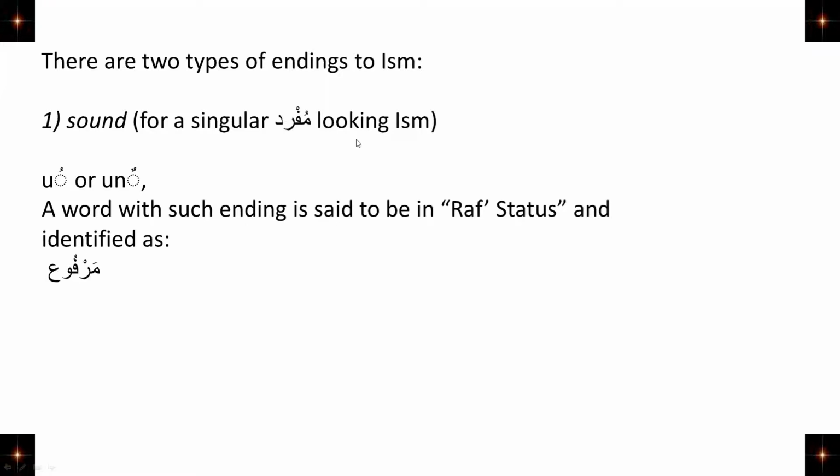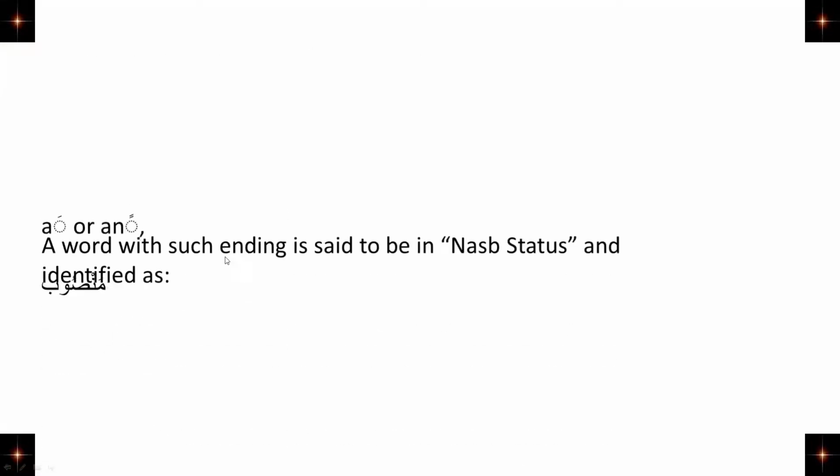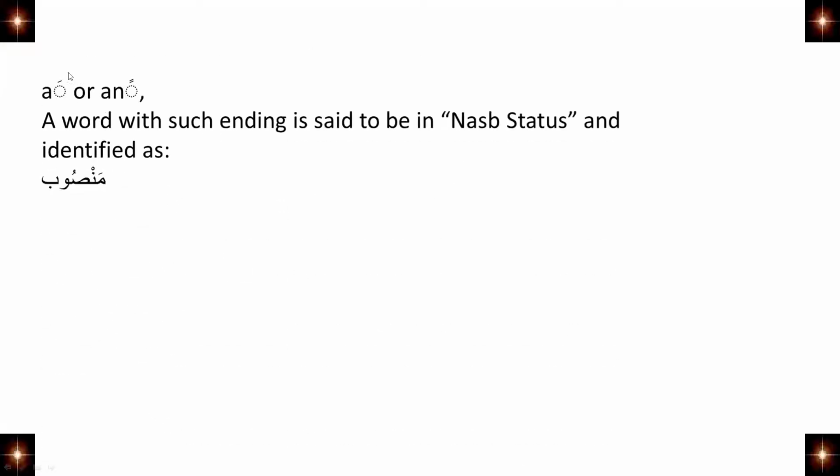Okay, very, very important. And if a word has the sign of u or un, then it's marfu'. Now, if a word has a or an, it is said to be in nasb status, and it is identified as mansubun. So a and an, Muhammada or Muhammadan.